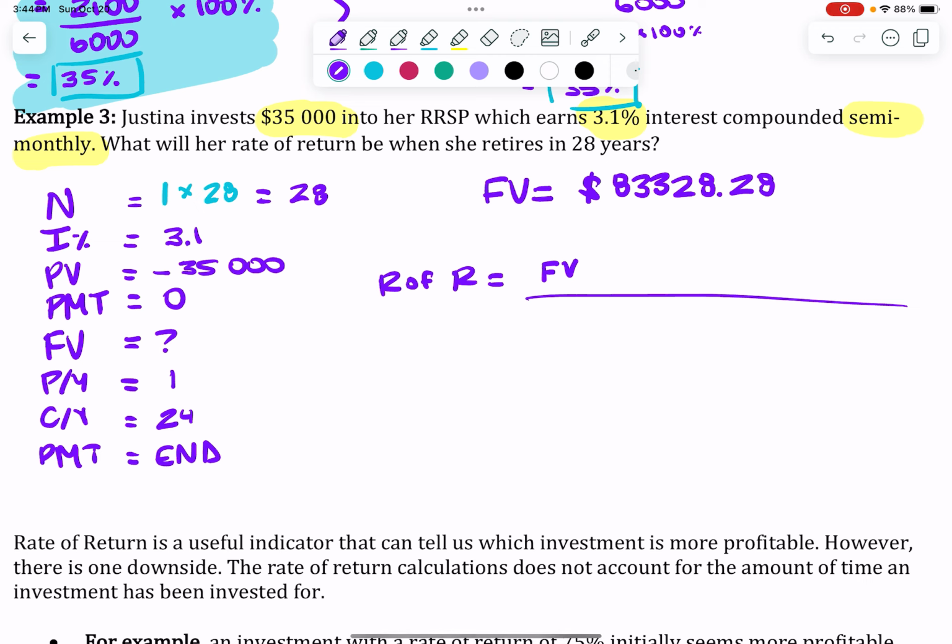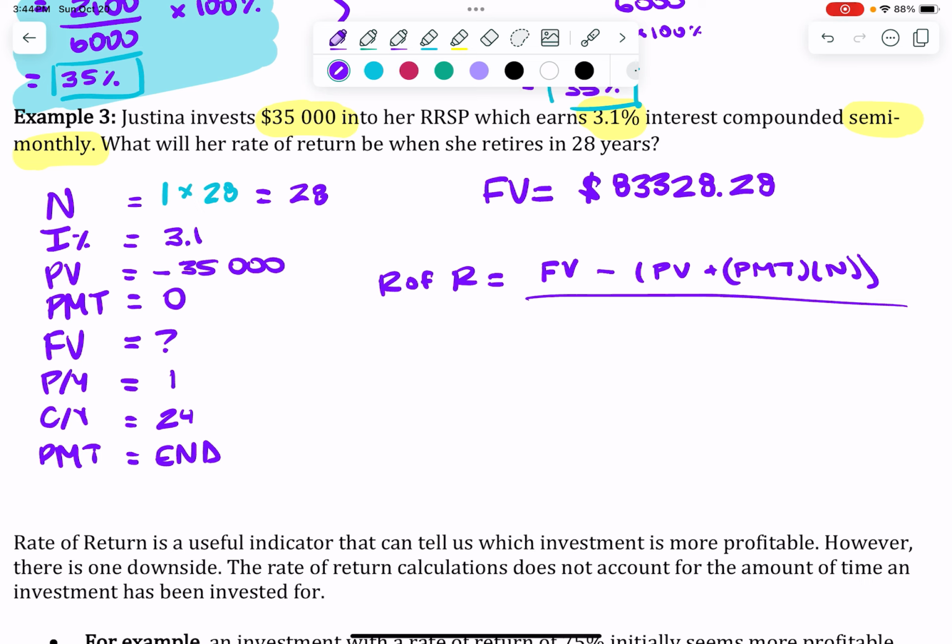My previous value is going to be my PV, that's positive, not counting the negative because it just tells me directionality, plus my PMT times N. Now, in this case, my PMT is 0, so when I times 0 by 28, I'm not adding anything here.